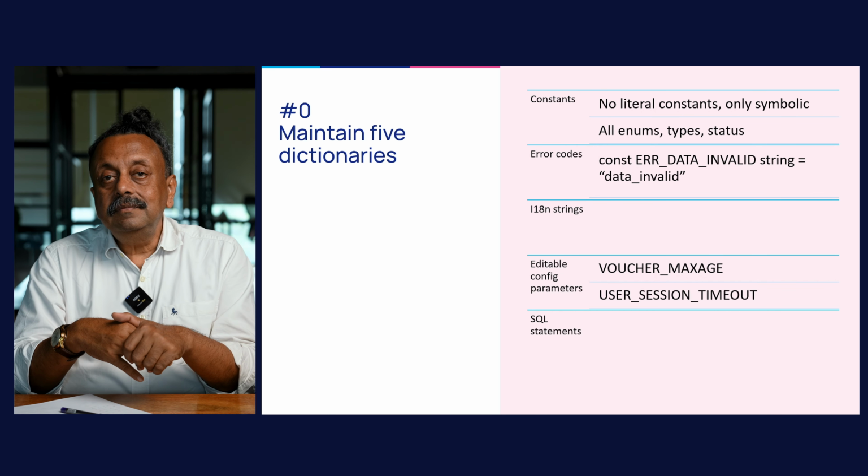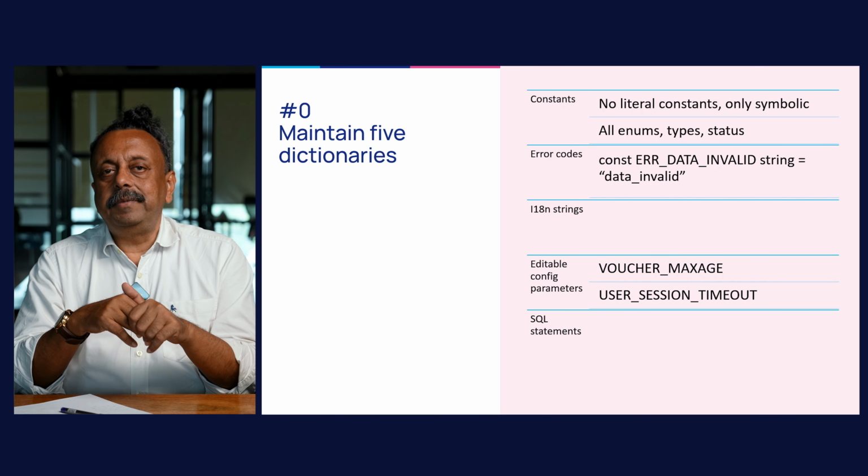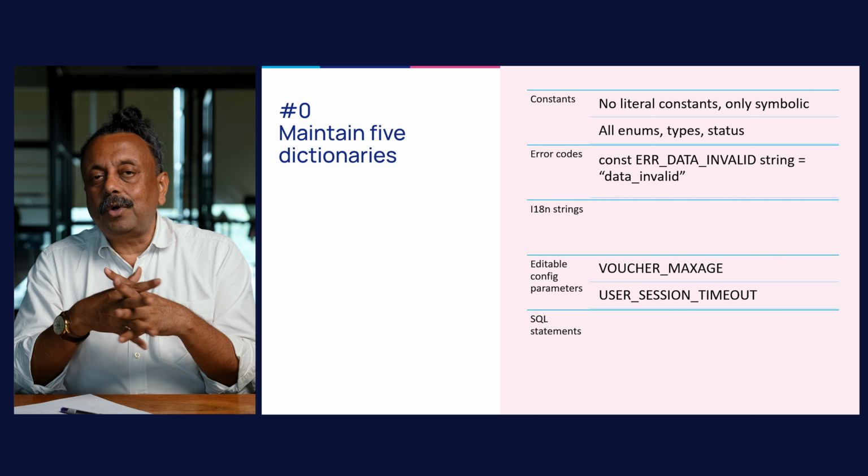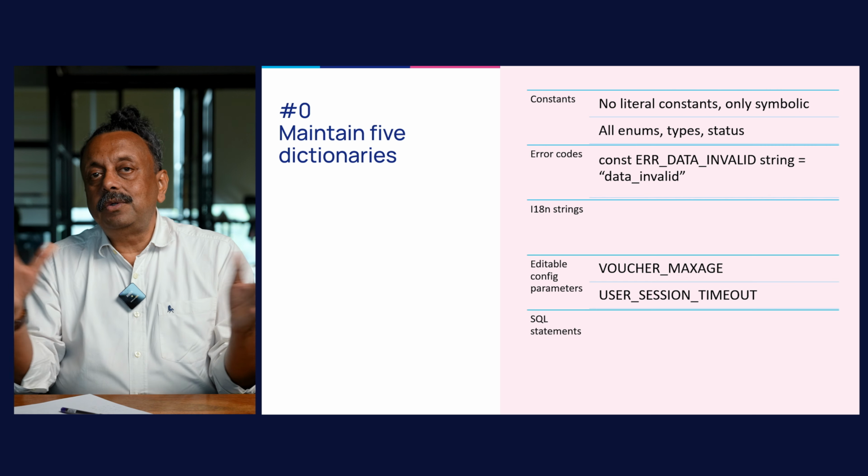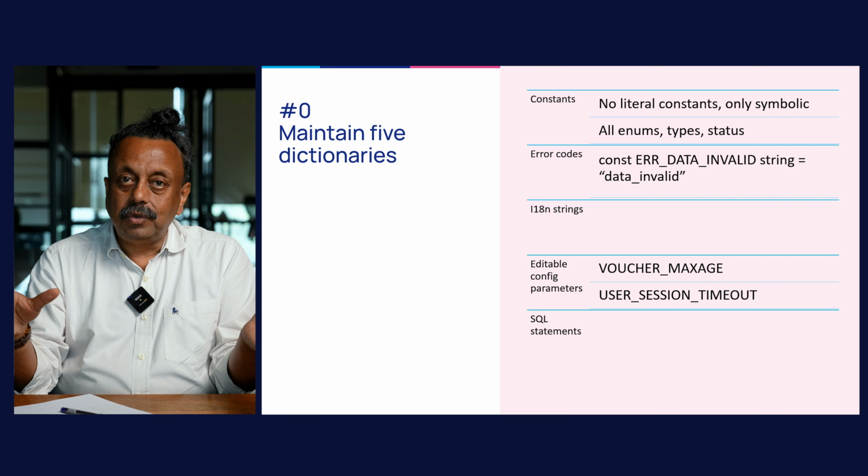The fourth dictionary is editable configuration parameters. So this is very different from constants. Constants are constants because you cannot change them without changing other parts of your source code. Editable configuration parameters are more like policies. I'll give you an example.